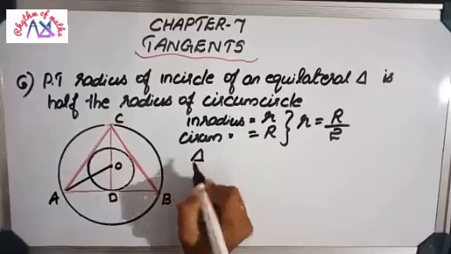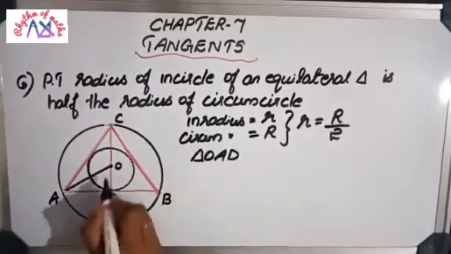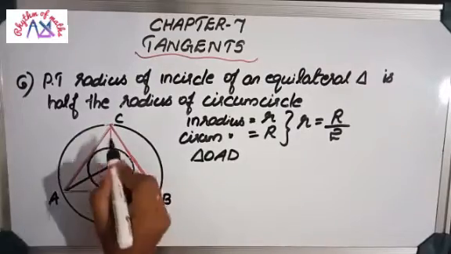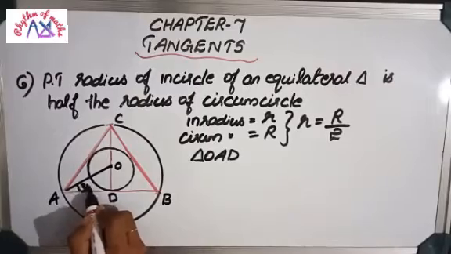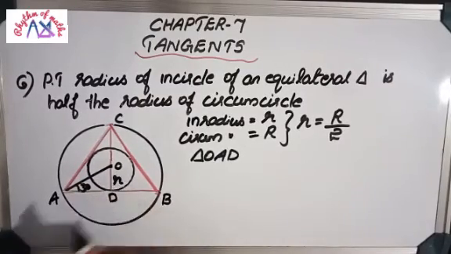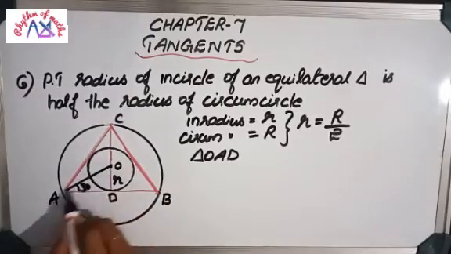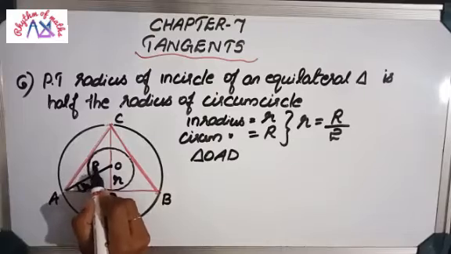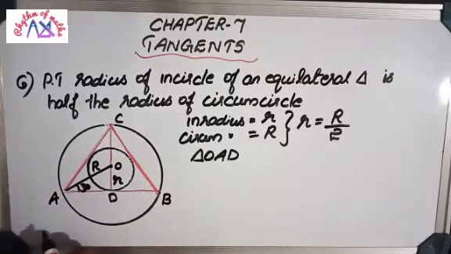So here let's consider the triangle OAD. As it is an equilateral triangle, we know one angle is 60 degree, so this angle will be 30 degree. Here OD is the inradius, that is small letter r. You can see OA from the center O to A is the circumradius, capital letter R. So which one can we consider here?